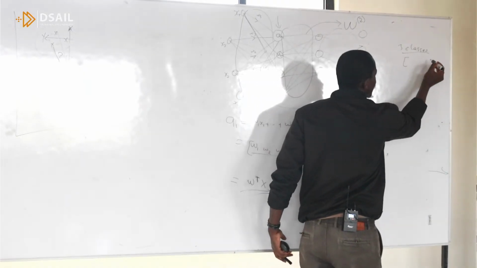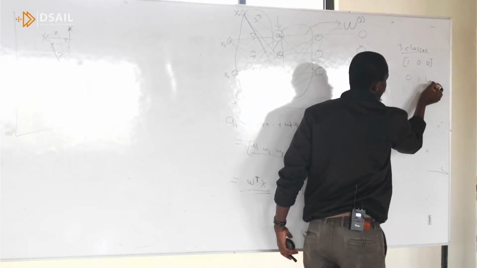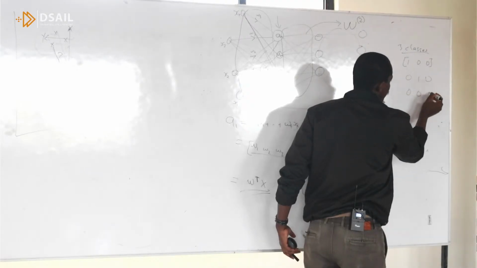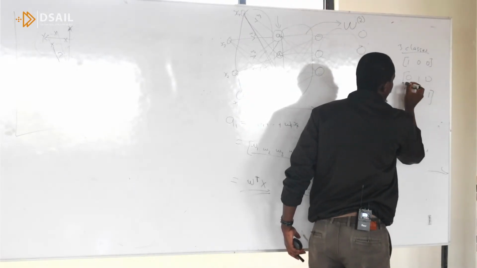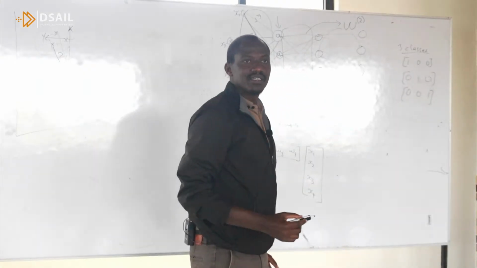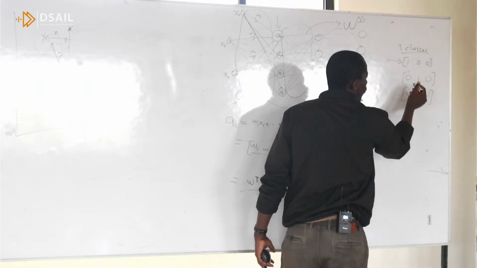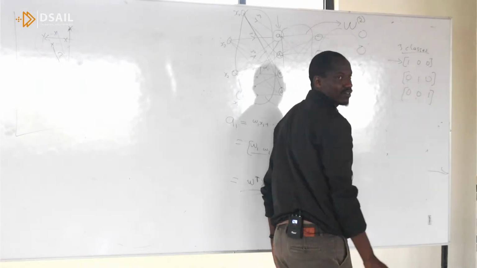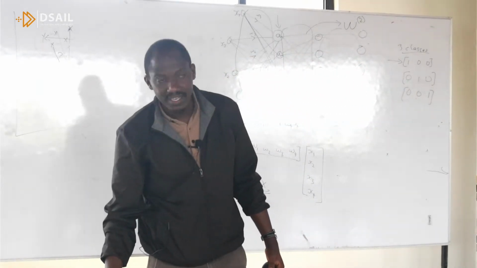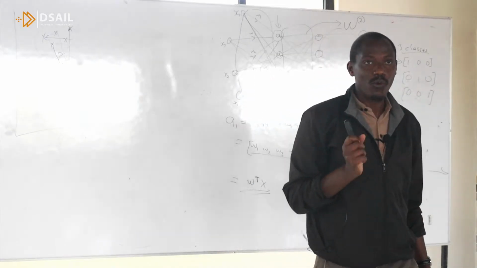So it's going to be 1, 0, 0, or 0, 1, 0, or 0, 0, 1. This is what you want your neural network to predict. This is what I am referring to as a one-hot vector.